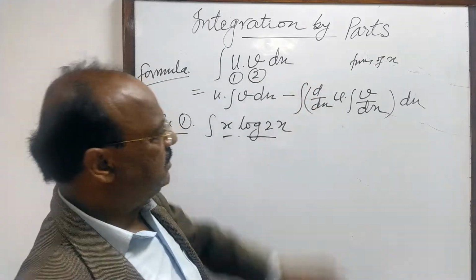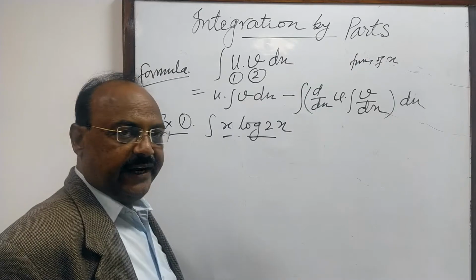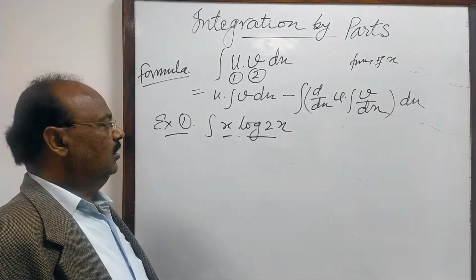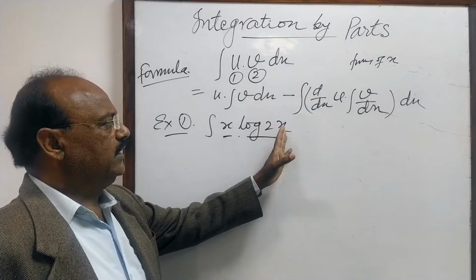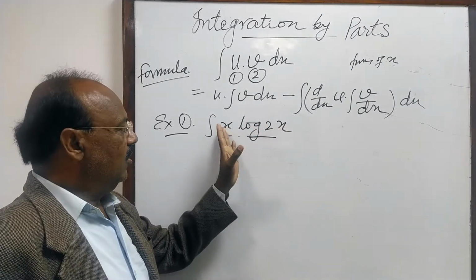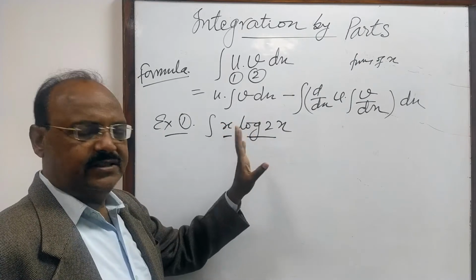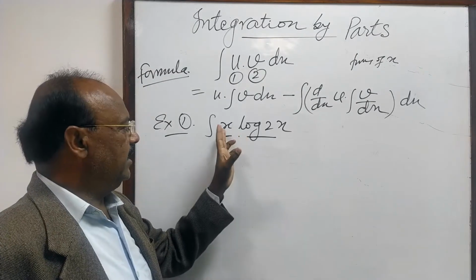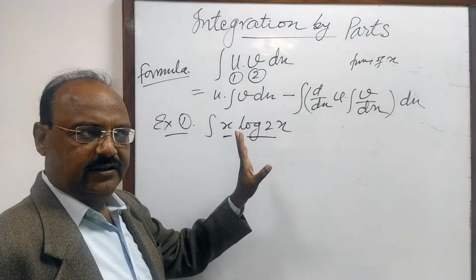But before using this formula, you must remember a rule for how to decide which function should be the first function, whether x will be the first function or log 2x will be the first function. Here the order of writing these two functions doesn't matter.